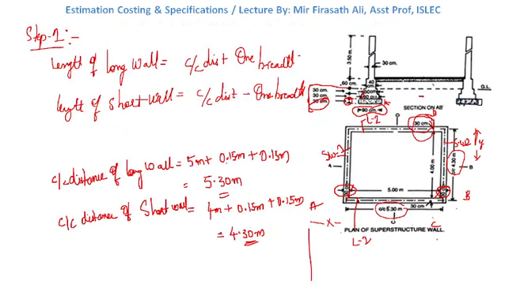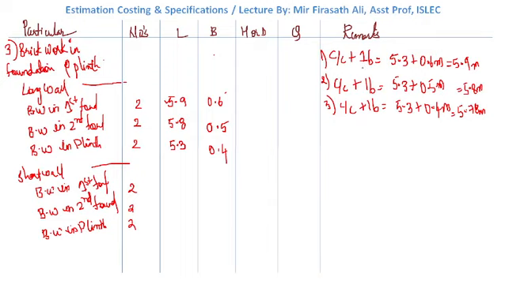Now, go for the heights. What is the height of first foundation? 30 centimeter. Second foundation? 30 centimeter. Plinth? 60 centimeter. We insert those values: first foundation 0.3 meters, second also 0.3 meters, and the plinth height is 0.6.